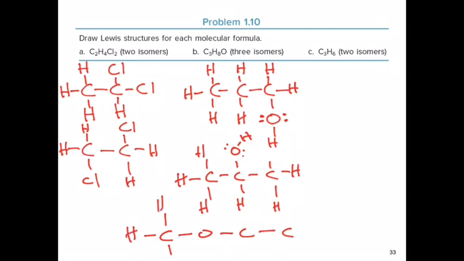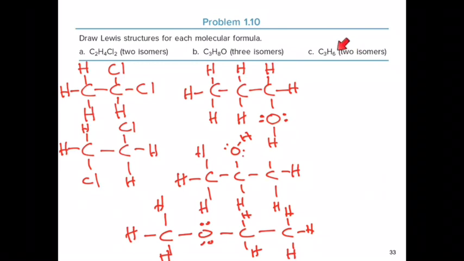So we have 1, 2, 3, 4, 5, 6, 7, and 8. And this oxygen will have 2 lone pairs as well. All right, so what we have here is another isomer of this compound. So all 3 compounds are isomers of one another, specifically constitutional isomers.